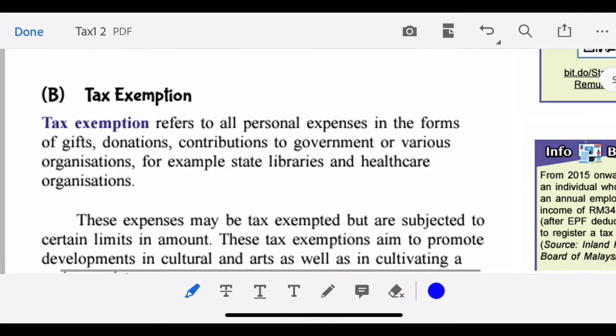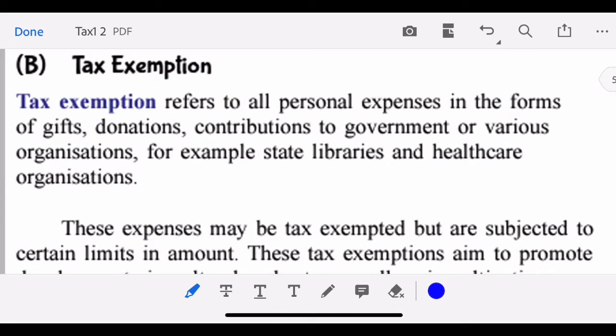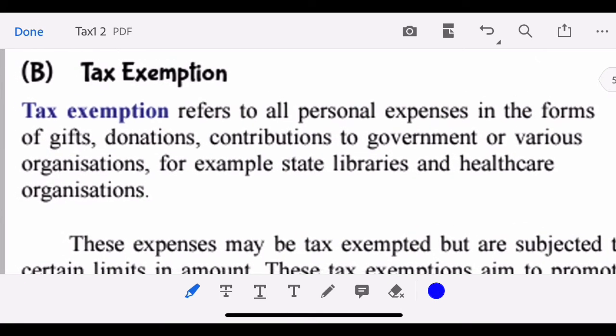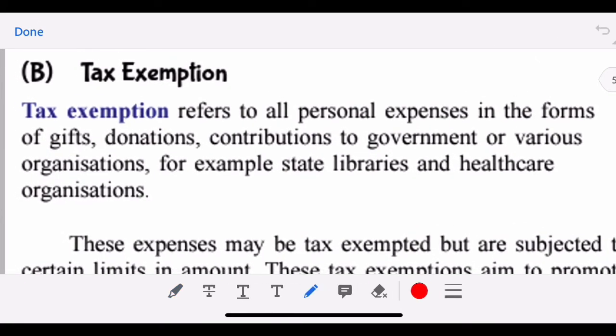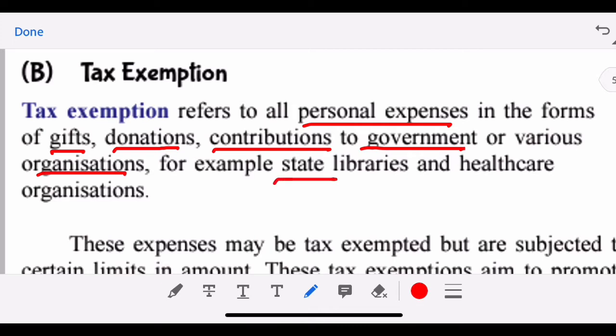For B, tax exemption. What does tax exemption mean? It refers to all personal expenses in the form of gifts, donations, contributions to government or various organizations, for example, state libraries, healthcare organizations.